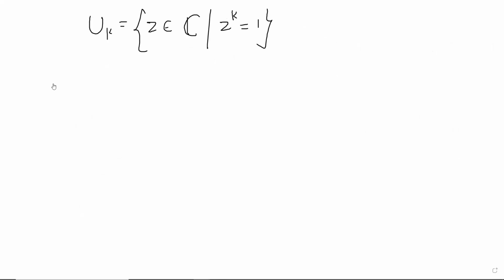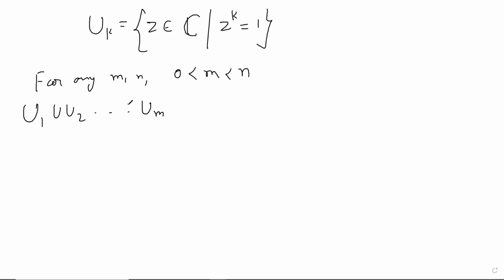And then we are saying that for any m and n, where m is less than n, we have u1 union u2 and so on. So basically you can go till m.